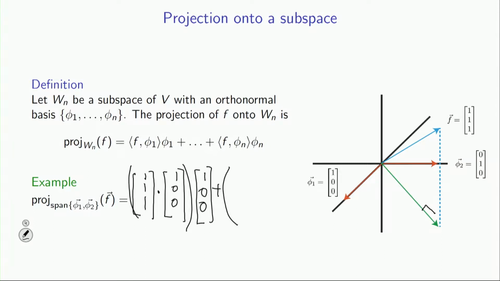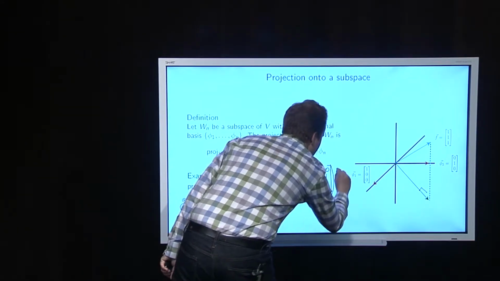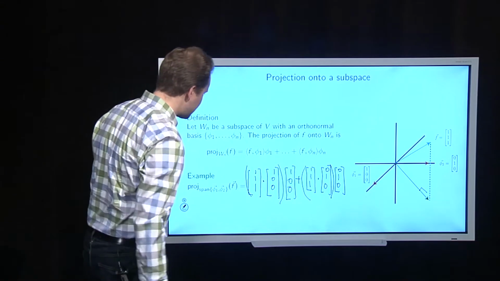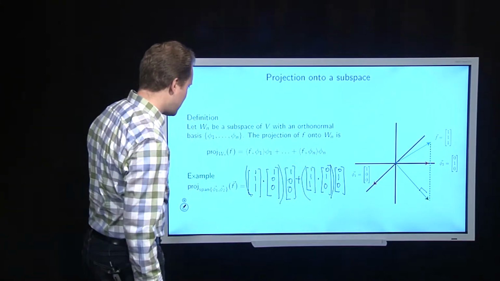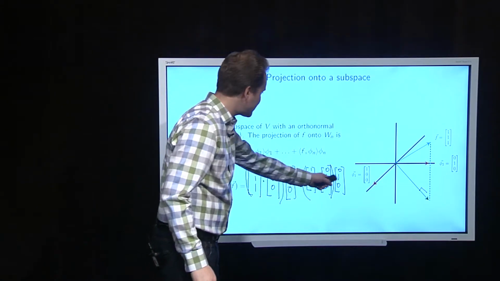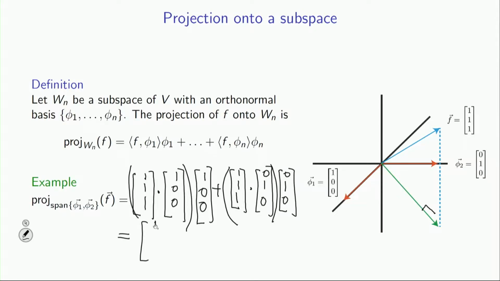So we take the vector again, take a dot product of it with the second basis vector, which is 0, 1, 0, times the basis vector. Now, it's quick work to see that these two dot products both equate to 1. And so we get 1 times the first basis vector plus 1 times the second one. In total, that adds up to the vector 1, 1, 0, which is exactly what you would have expected by perpendicularly dropping the original blue vector into the xy plane.